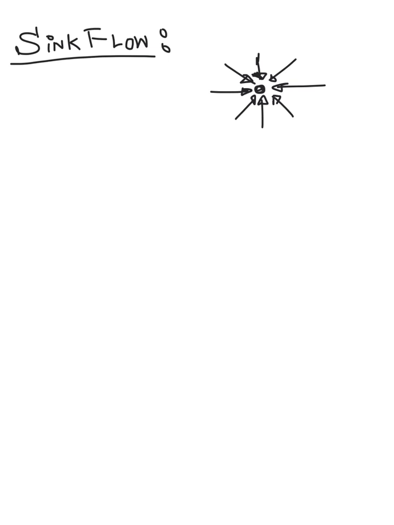Instead of fluid coming out, it is going inside for the sink flow, and my stream function will be exactly that of the source but with a negative sign. So for my sink, there is a minus sign, and exactly the same thing as that of my source.